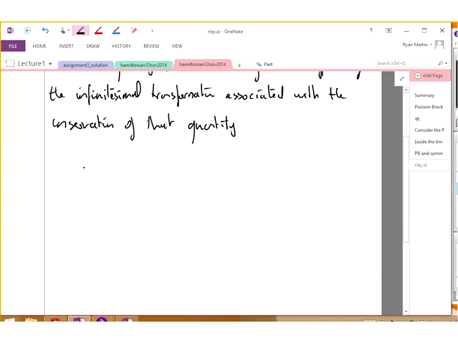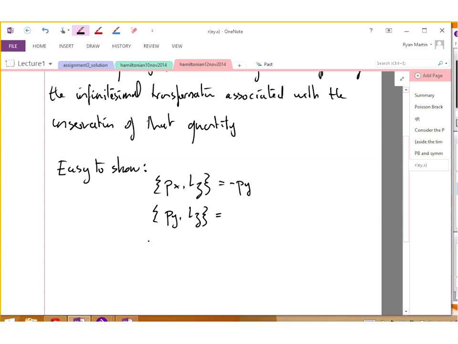It's easy to show that Px with Lz is equal to minus Py. It's easy to show that Py with Lz is equal to Px, and Pz with Lz is equal to 0.